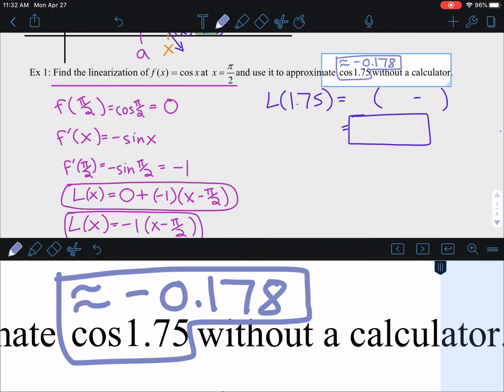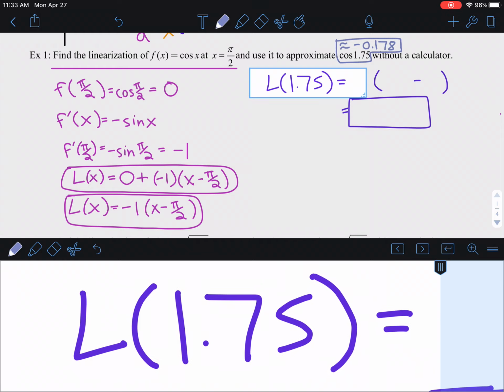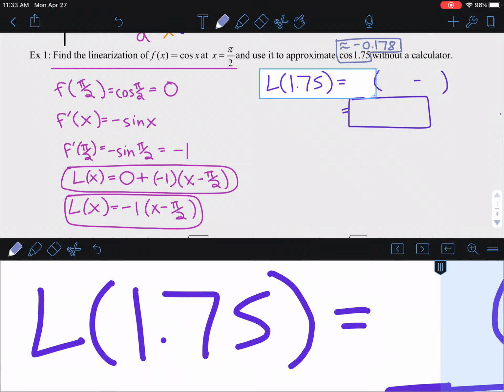Okay. But what I'm going to do now is let's see what my approximation would have been like if this was in the 18th century, in the time of post-discovery of calculus, okay? So what would L of 1.75 be?